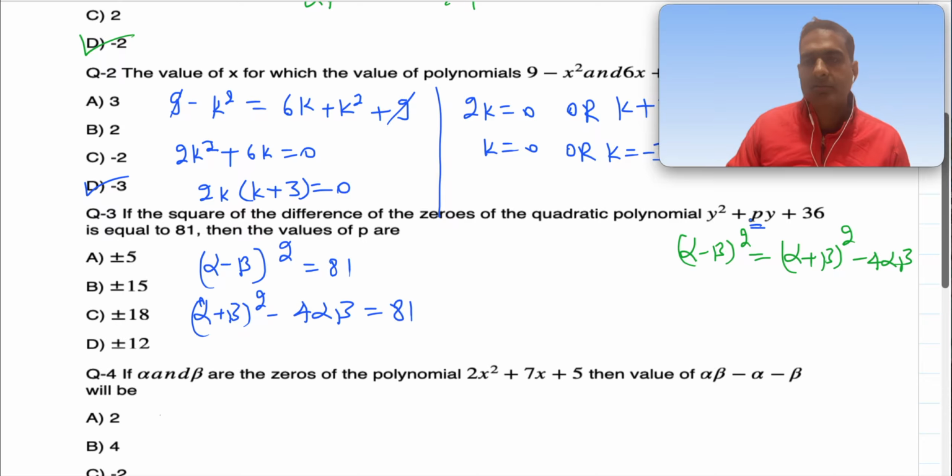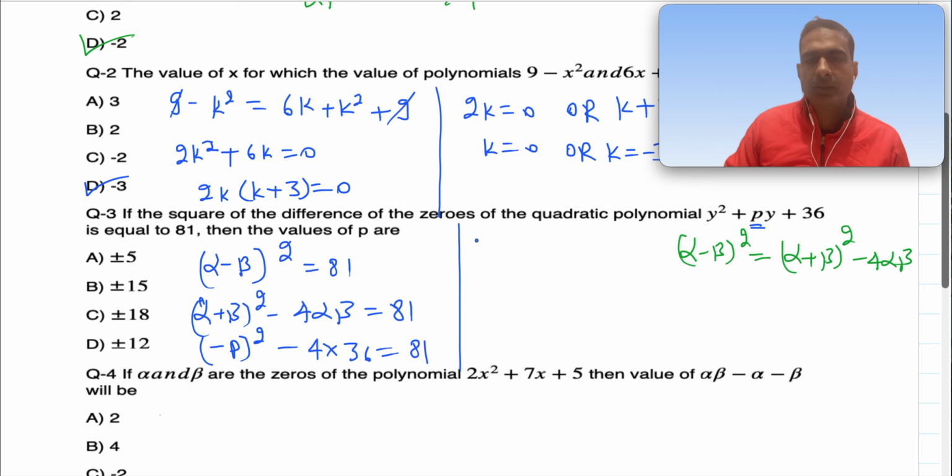So I can write minus p whole square, as the coefficient of y square is 1, minus 4 times alpha beta. Alpha beta is the product of the roots, and the product of the roots is the constant divided by the coefficient of y square. The constant is 36. So I can write this equal to 81.